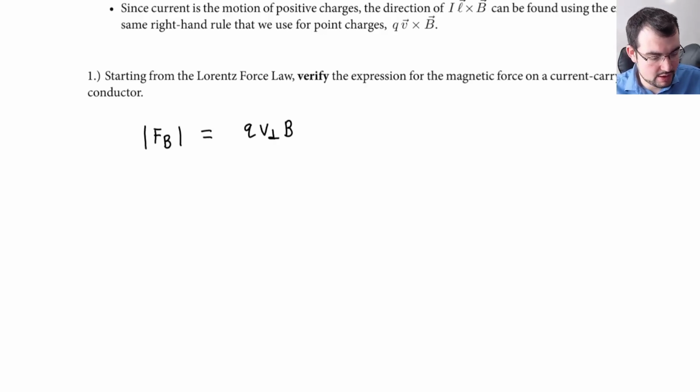But now, we don't have just a single Q. We have lots and lots of Qs. So, in this case, we're going to say it's equal to Q total times their velocity perpendicular times the B field.